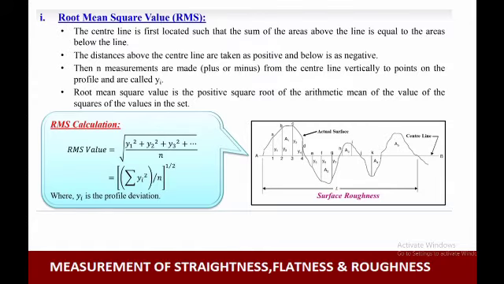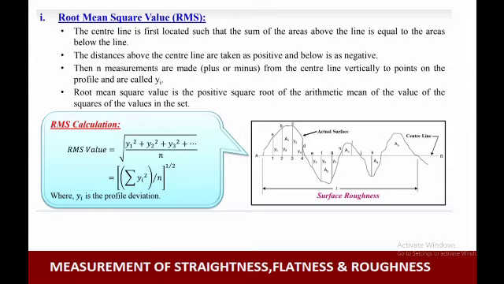The procedure to plot the RMS value is as follows. First, the center line is located such that the sum of all the areas above the line is equal to the areas below the line. The distances above the center line are taken as positive and below as negative. The n measurements are made, whether plus or minus, from the center line vertically to the point on the profile and are called y sub i.